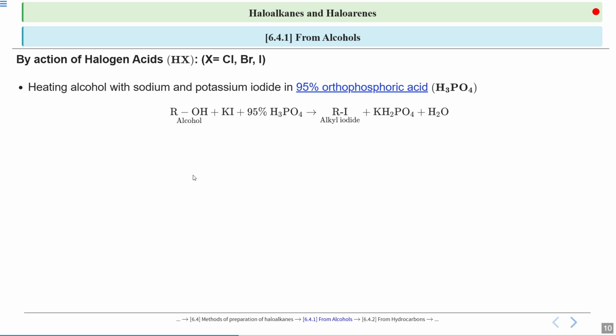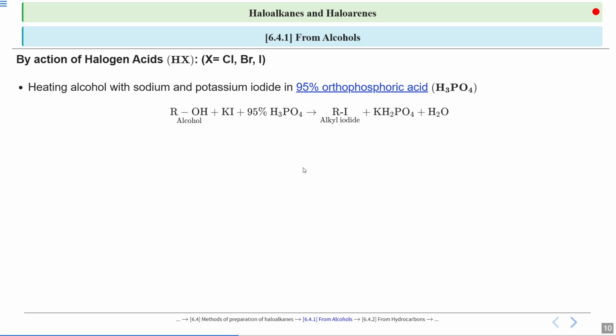If you use a strong oxidizing acid here, other than 95% H3PO4, then what will happen? It will oxidize your hydrogen iodide to iodine, because hydrogen iodide is also a strong reducing agent. So hydrogen iodide is going to be oxidized to iodine if you use a strong oxidizing acid in this reaction.